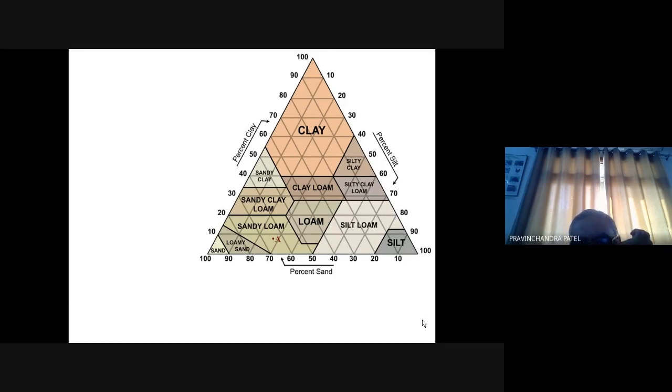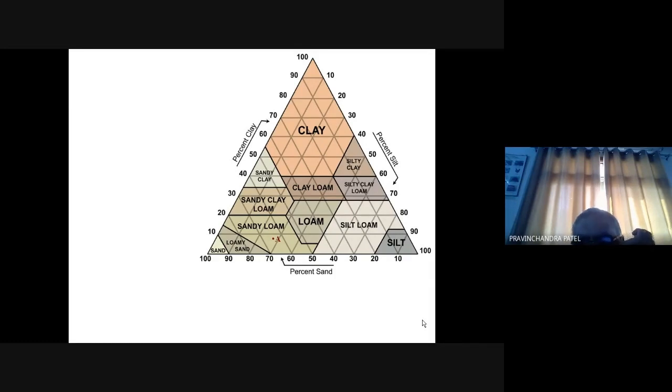Suppose 90% sand and 10% clay, then it is a sandy soil. When there is 90 to 70% sand and 10 to 15% clay, then it is a loamy sand, and so on. When the clay content is more, then it is a clay soil or black soil. It is a very, very fertile soil.